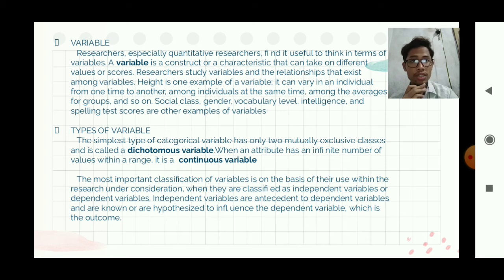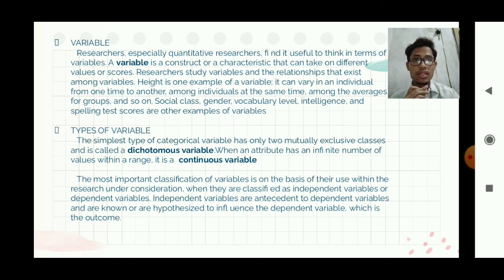Height is one example of a variable. It can vary in an individual from one time to another, among individuals at the same time, among the averages for groups, and so on. Social class, gender, vocabulary level, intelligence, and spelling test scores are other examples of variables.